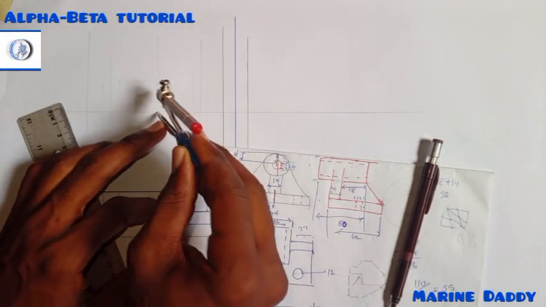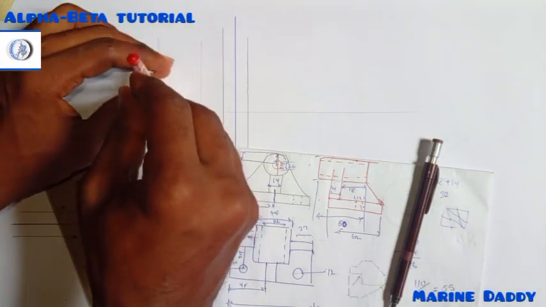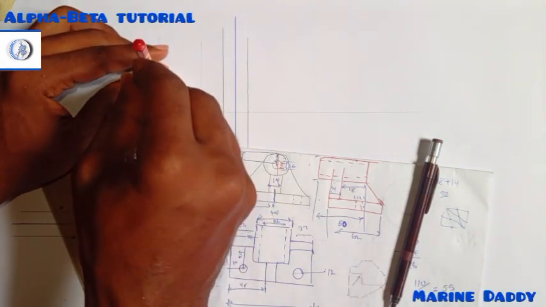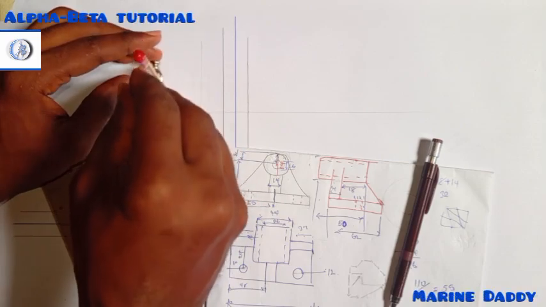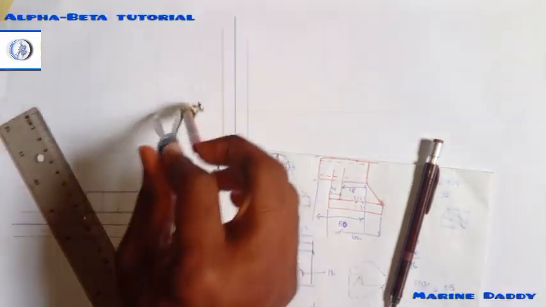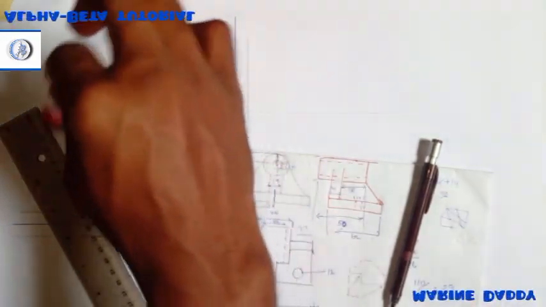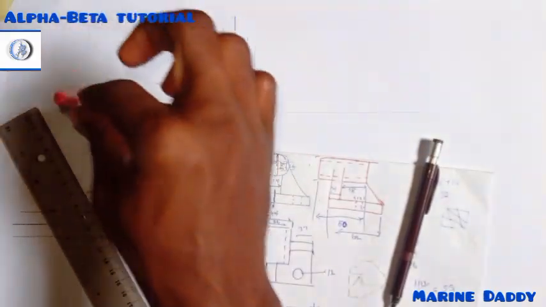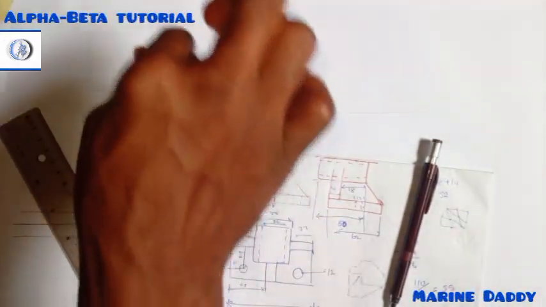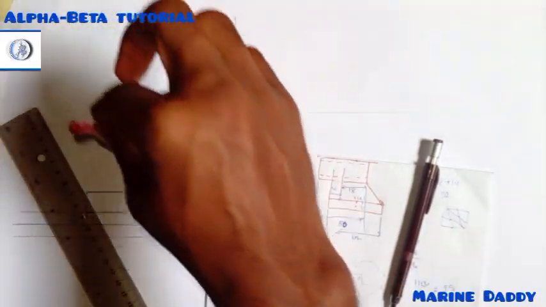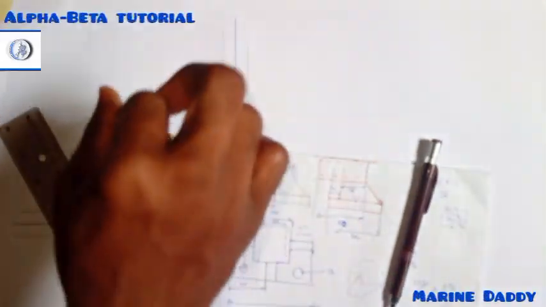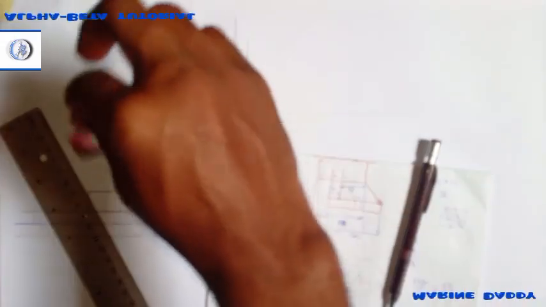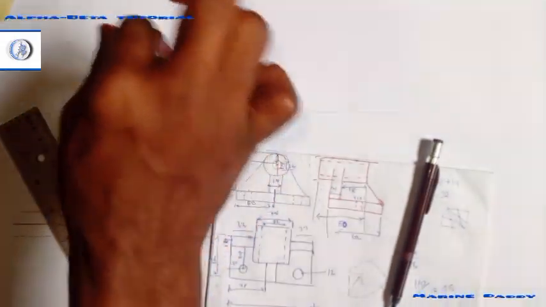So this means I can now construct my circle. The circle should be thick because from our diagram, this part of the diagram is thick. So I'll make it thick.